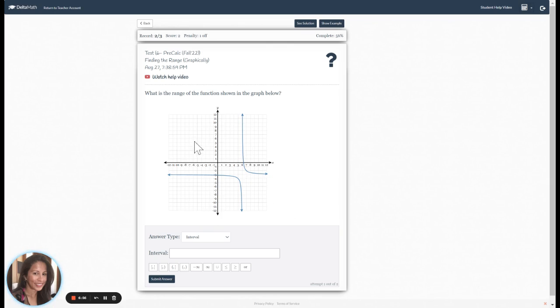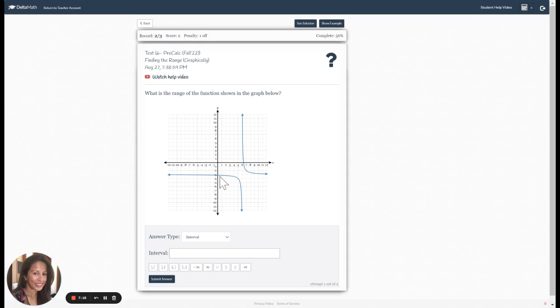When I'm looking at this graph from bottom to top, I want you to notice that this particular graph is using all the negative infinity numbers, and it stops right here. It stops using y values right here.